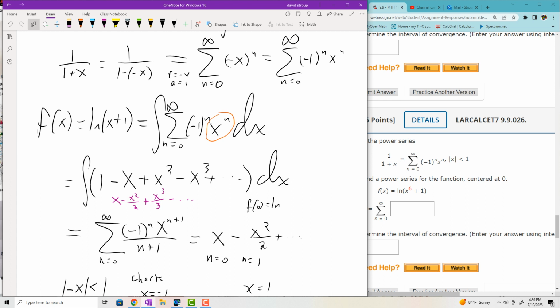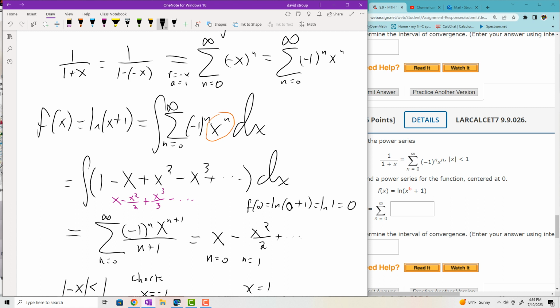F of 0 will be the ln of 0 plus 1, which is the ln of 1, which is just plain old 0, okay? So you kind of know what that would equal at one of the points.